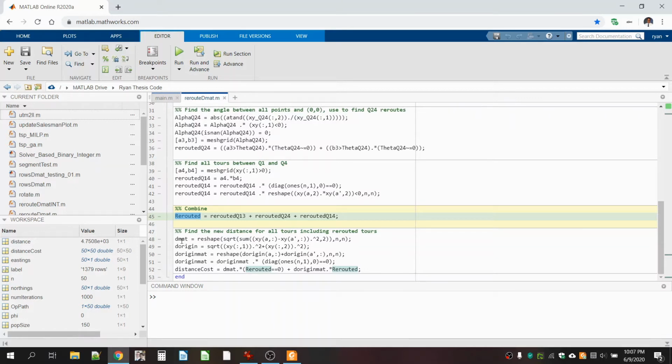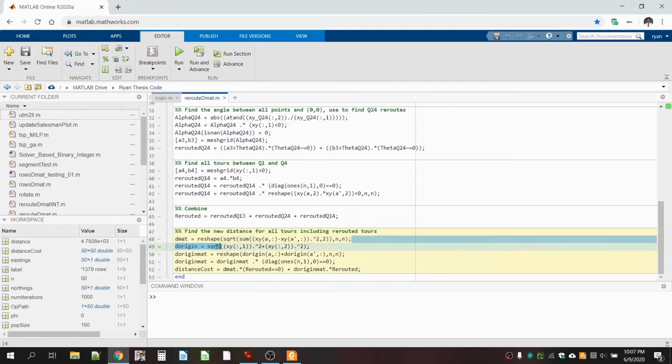Okay, so here I'm taking DMAT and I'm using the same DMAT as is used in that TSP_GA function. I'm taking DOrigin, which is very similar to DMAT, except it's the distance between the origin, so 0, 0, and each point.